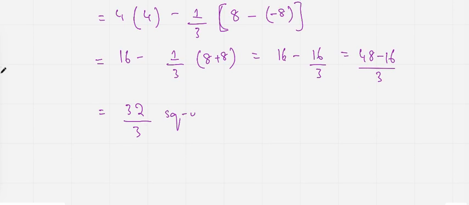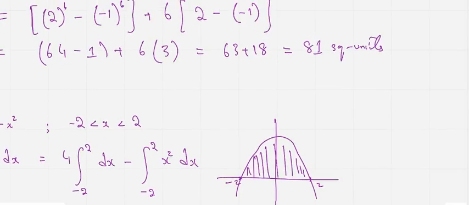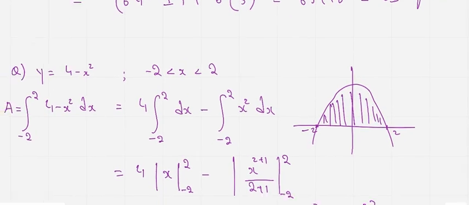You can write your answer in decimals and whole numbers as well: 10 and 2 by 3 square units. So this is the area bounded by the curve, restricted by these 2 points, minus 2 and 2. I hope it's clear.